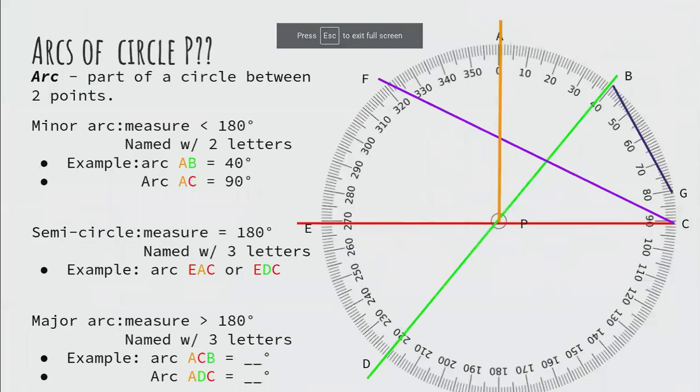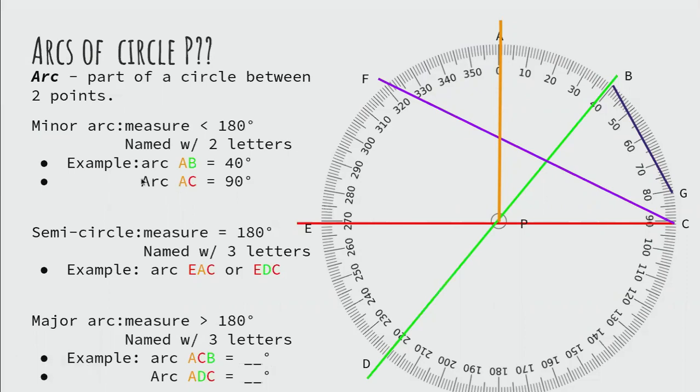Okay, so again, the minor arc is 40 degrees. The major arc goes to the left, from A all the way around through C, ending at B. It is your task to figure out that measure.